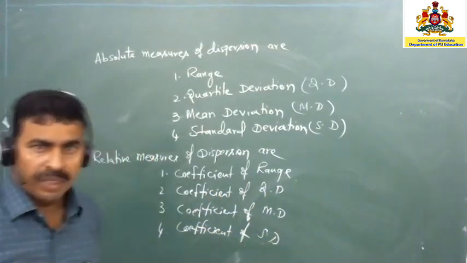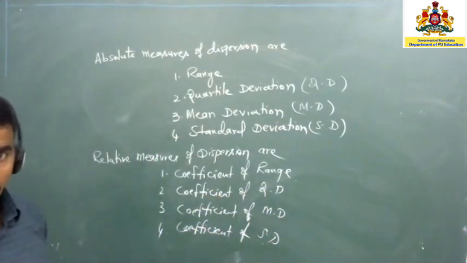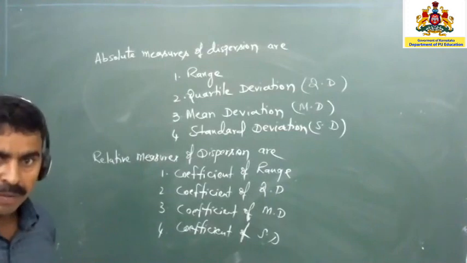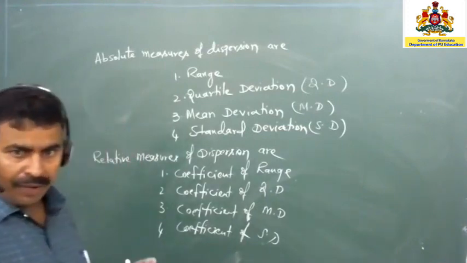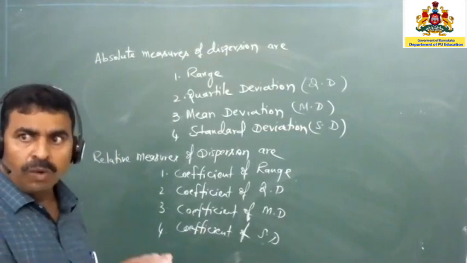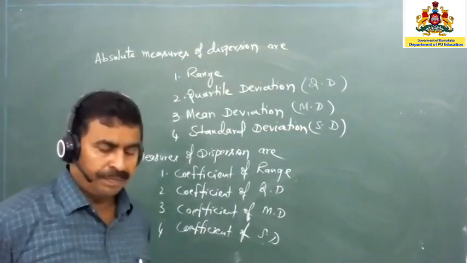So absolute measures of dispersion are range, quartile deviation, mean deviation, standard deviation. Relative measures of dispersion are coefficient of range, coefficient of quartile deviation, coefficient of mean deviation, coefficient of standard deviation.